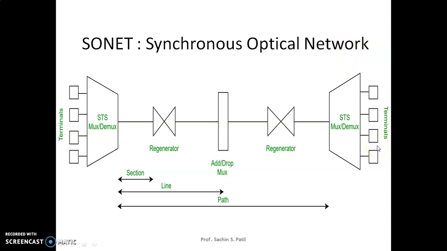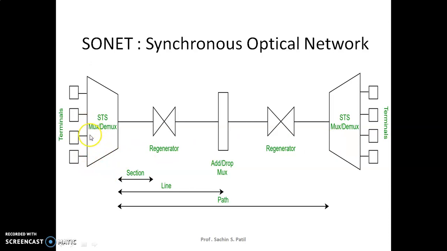The synchronous optical network consists of three different connections. These are the terminals, which are connected to STS mux/demux, then a regenerator, add drop multiplexer, regenerator, STS mux/demux, and the terminals.